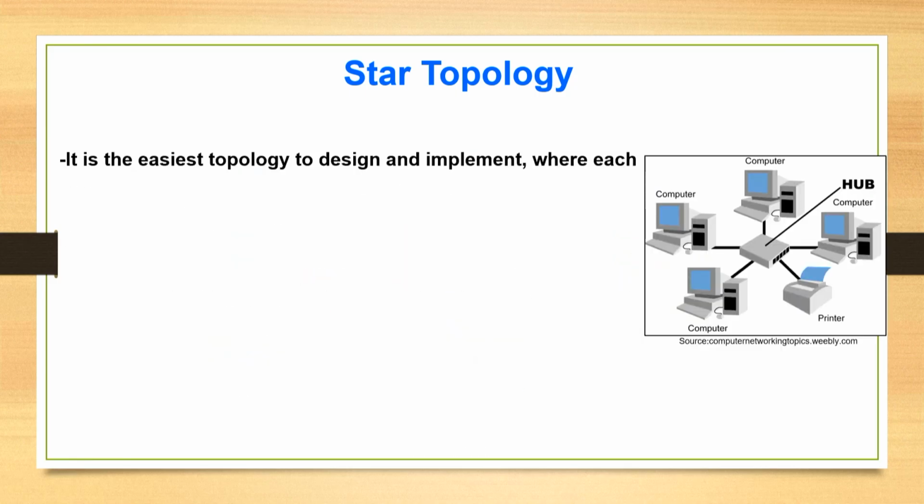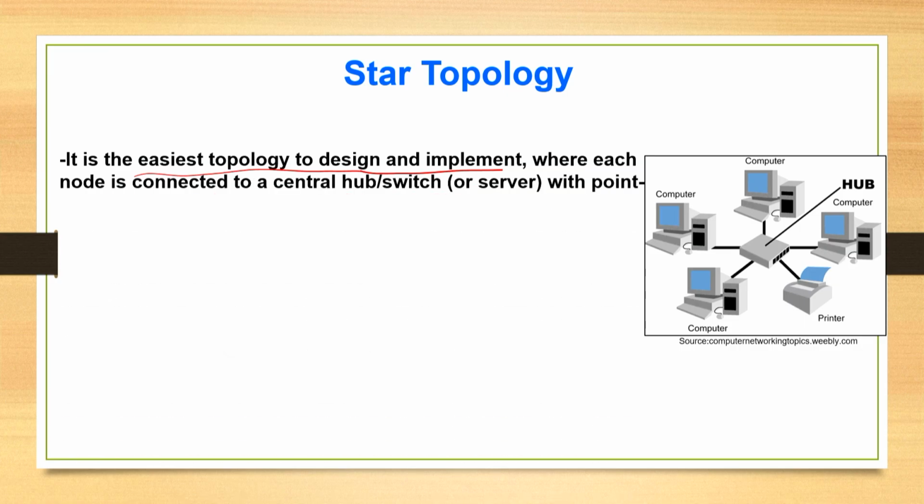So, what is there in the star topology? Yes, it is the easiest topology to design and implement, where each node is connected to a central hub or the switch or a server with point to point connection.